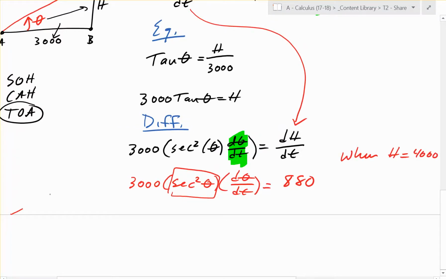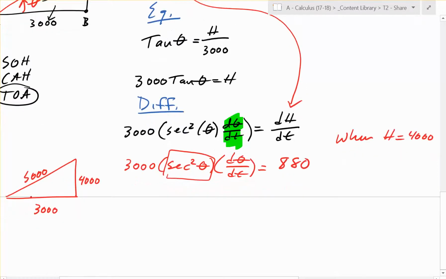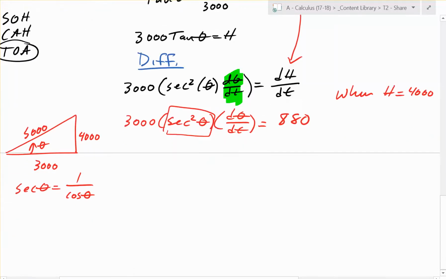So let's just take a look at the triangle here. Again, not to scale, it's 3,000, 4,000, and we can fill this in because it's a 3, 4, 5 triangle. That's going to be 5,000. So that's the instant we want here. This is theta. Remember, secant theta is 1 over cosine theta. So let's find the cosine of theta. Cosine is adjacent over hypotenuse.